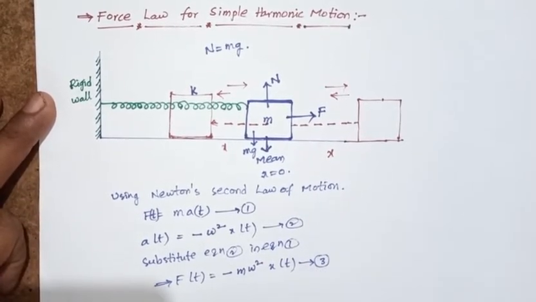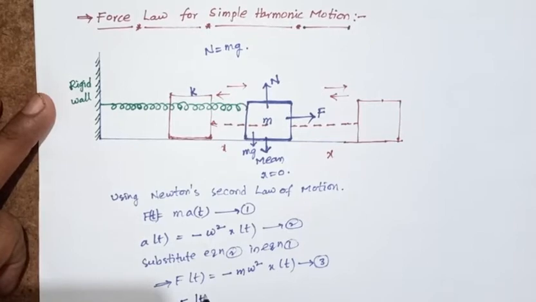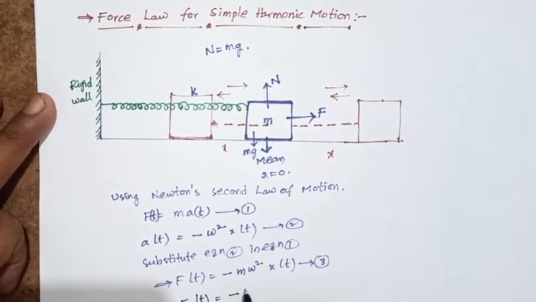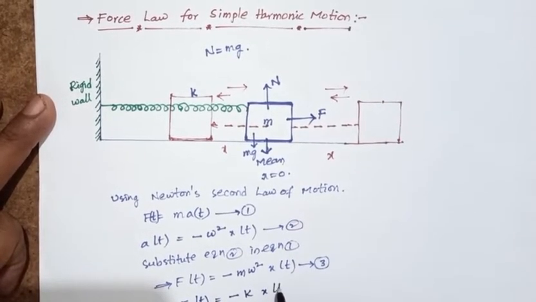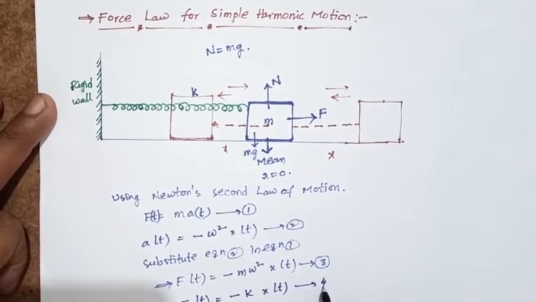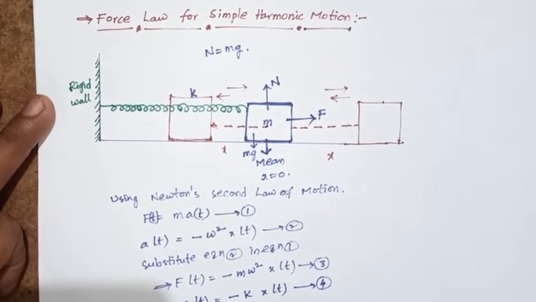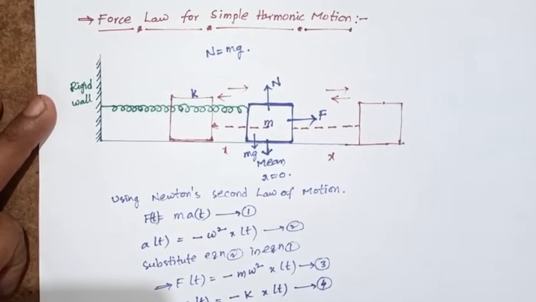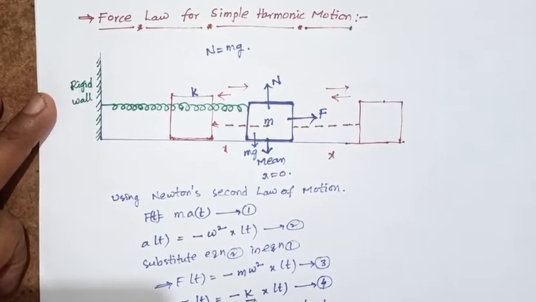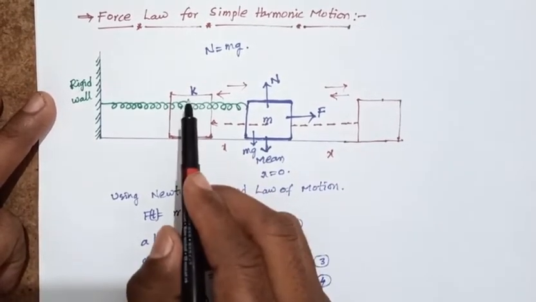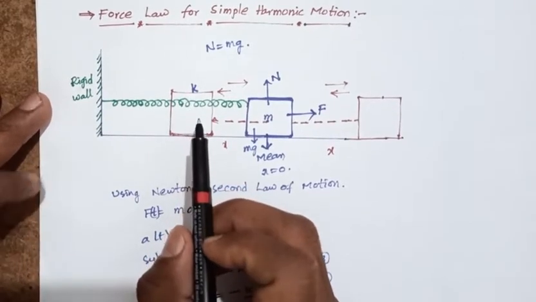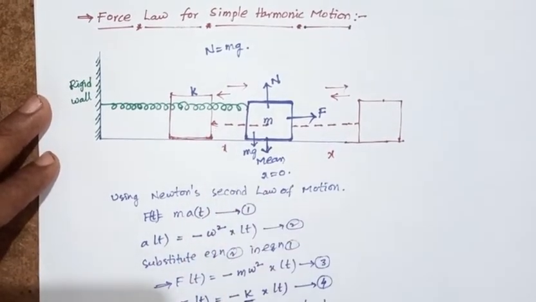So F of t equals minus k into x of t, equation number 4. Here k is a constant, which we call the spring constant or force constant.